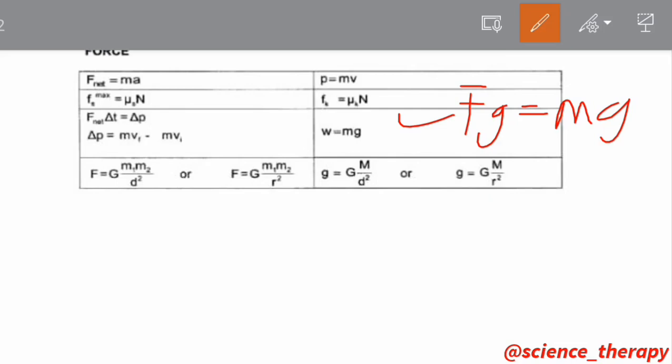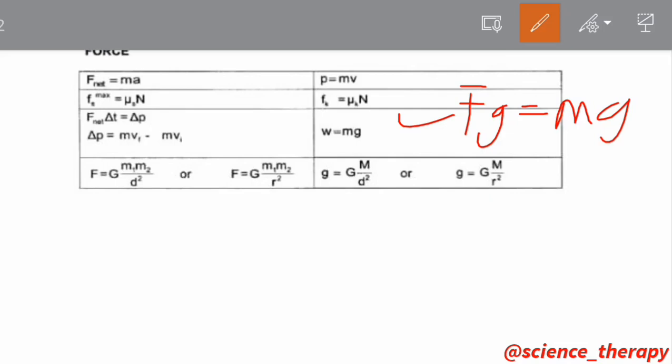For example, if we are on planet Mars, then the gravitational acceleration cannot be 9.8 meters per second squared. We have a different gravitational acceleration there. So different planets have different gravitational accelerations, right? Or on different satellites, we also have different gravitational accelerations.